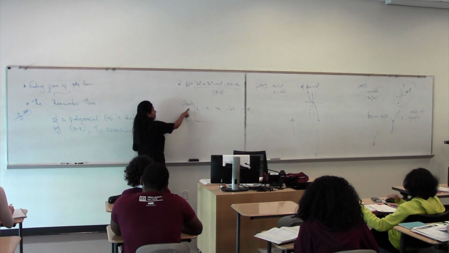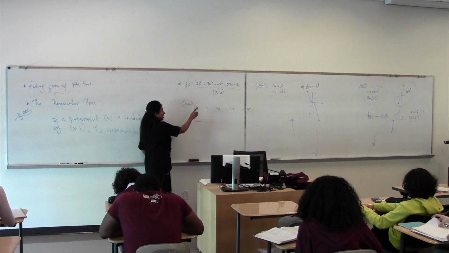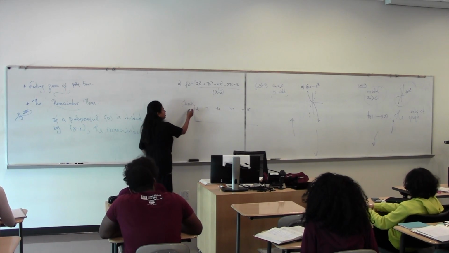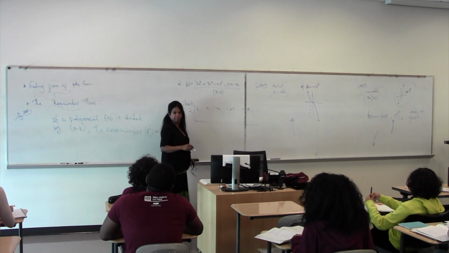So what is my k here? Dividing by x minus 2 means the number here is 2, because we're supposed to have x minus a. A is 2 now.